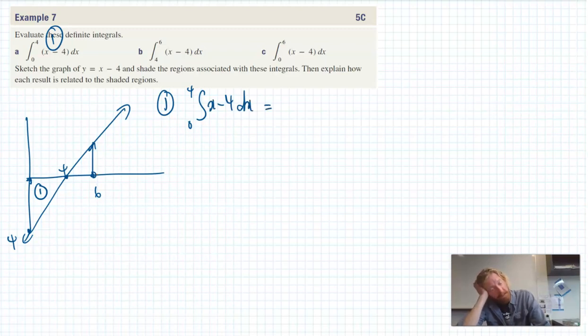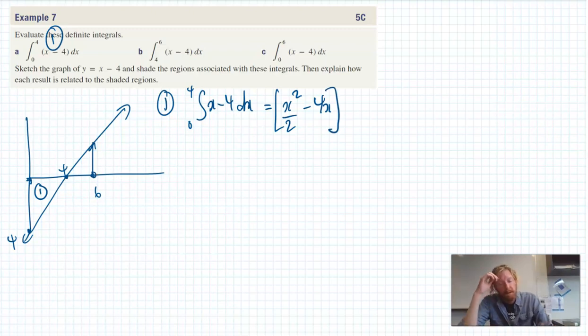equals the primitive x squared on 2 minus 4x, going from 4 to 0. That equals 4 squared is 16 on 2 minus 16, and then I get that 0 there.